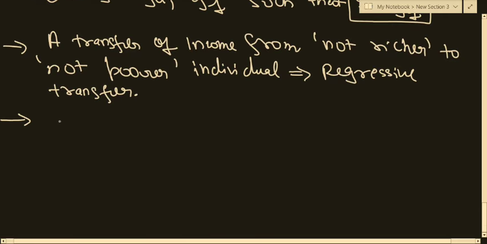Now the main theorem is coming up. The Dalton principle. Just for reference, this Dalton principle is also known as the Pigou-Dalton principle.